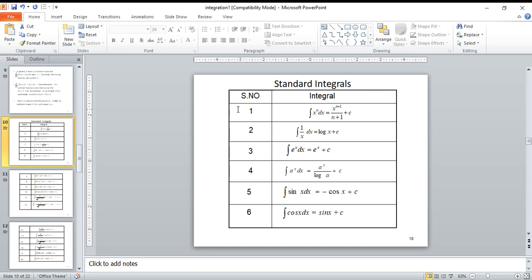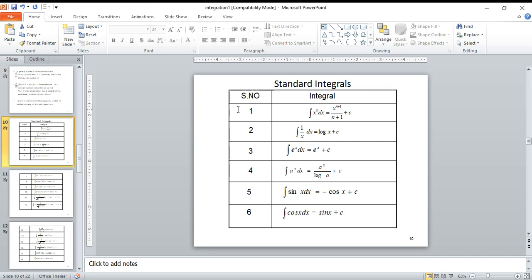And the fifth one, integration of sin x dx. In first year, the derivative of cos x is minus sin x, so integration of sin x dx is minus cos x plus c.